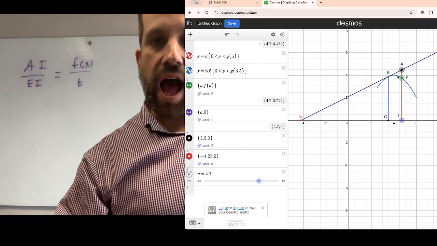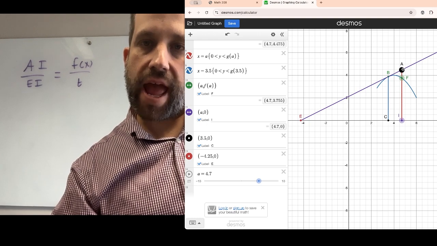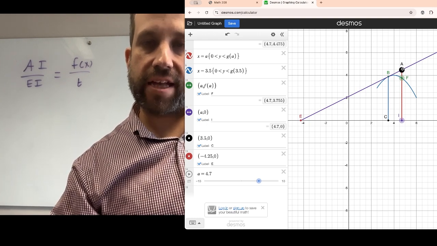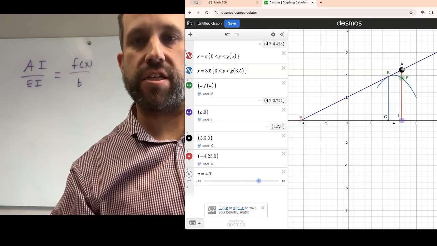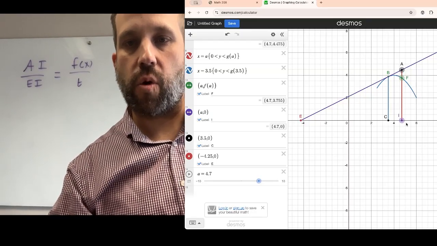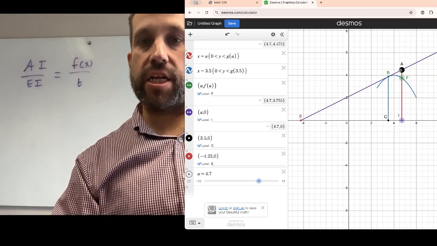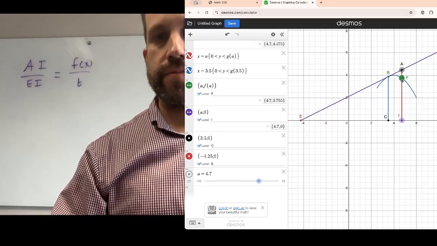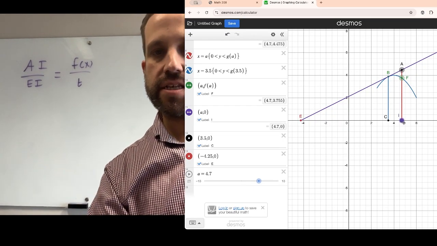Now AI is whatever that distance is here. If we knew the coordinates for A, then we could just use that as a point. We know the x coordinate for A is just whatever we want it to be. But we don't know what this point is on the tangent line because we don't know what the tangent line is yet. But we know that EI is this distance here.